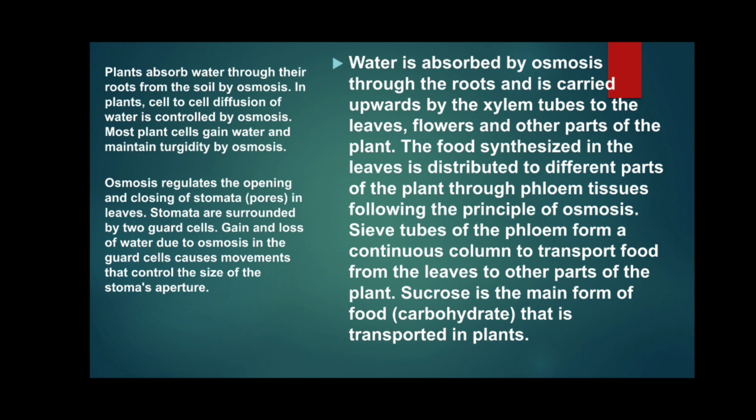In sieve tubes also, this phenomenon, or we can say the principle of osmosis, is used. So with this example we can understand that both of these processes are important in this environment.